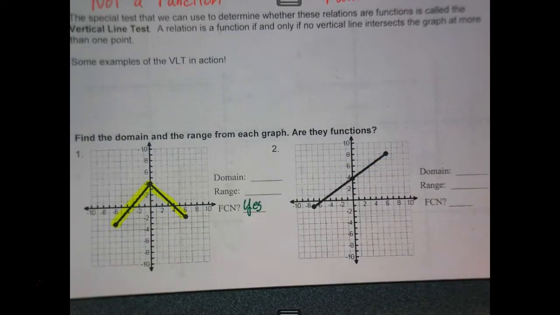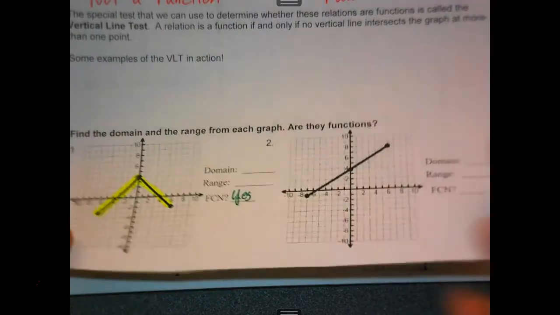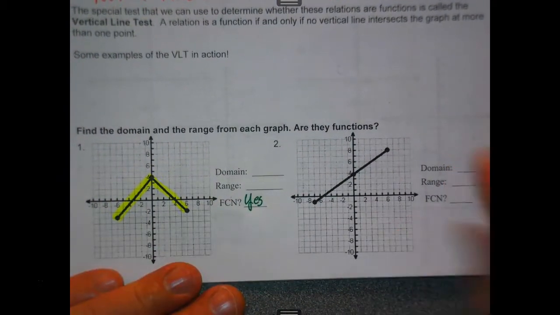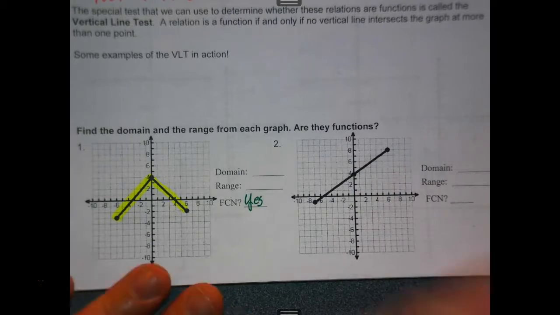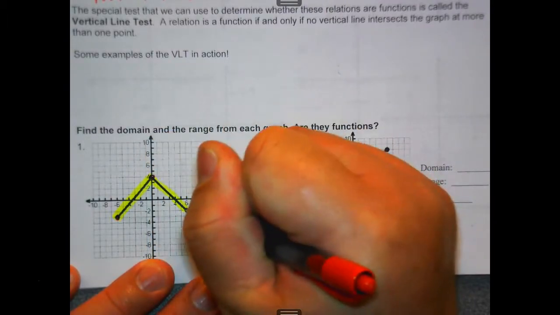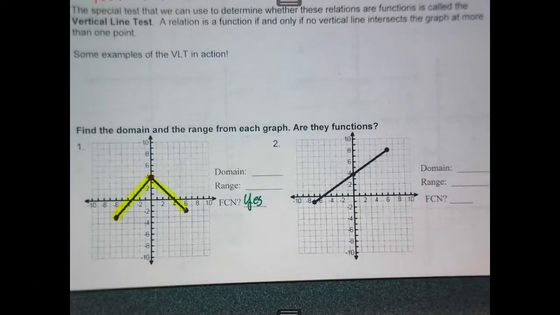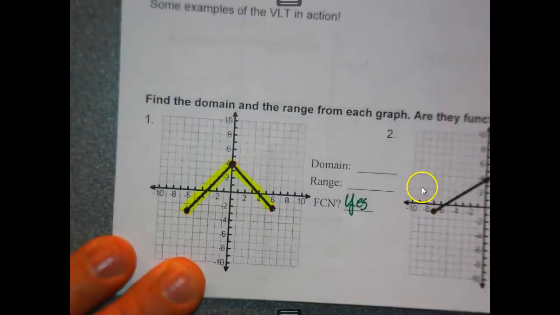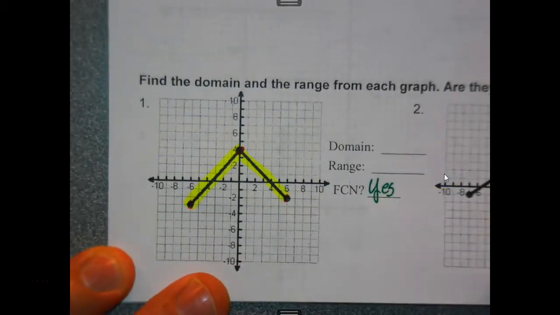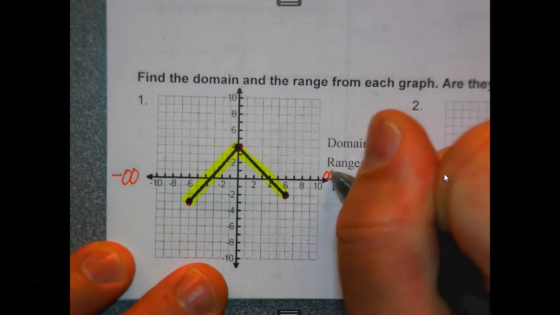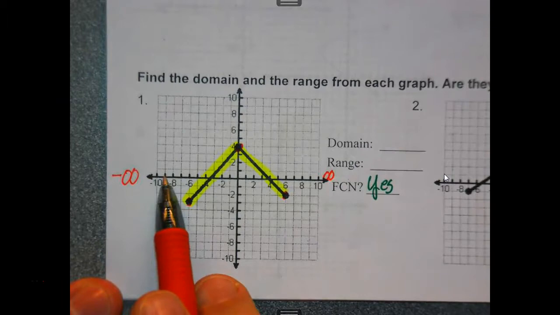Now we have to figure out the domain and range. This graph has closed circles on it. Looking at my x-axis, which goes from negative infinity to positive infinity, where does this graph start?